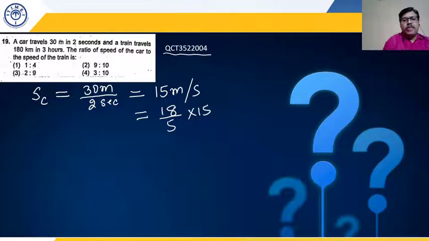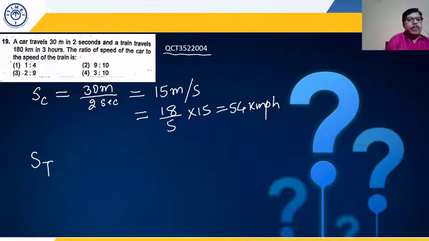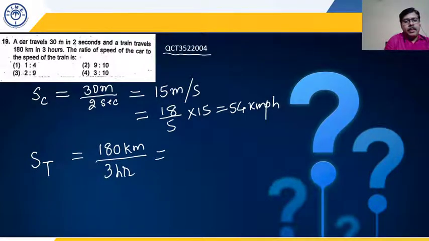Can I say 54 kilometer per hour? Similarly, what is the speed of the train? The speed of the train is 180 kilometer divided by 3 hours, which is 60 kilometer per hour.